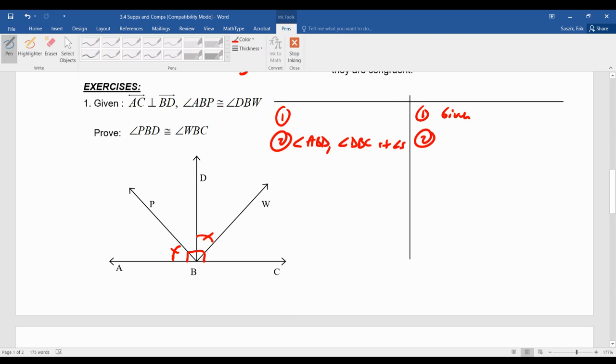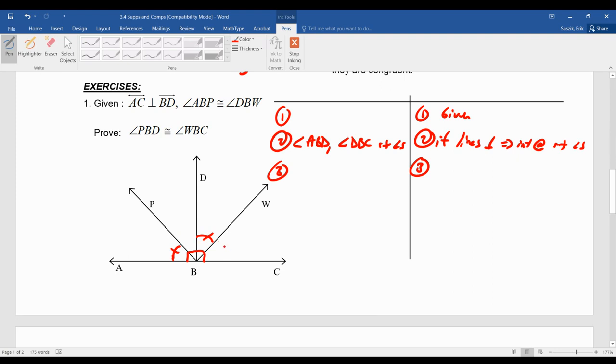And this is our gold sheet. This is number 10 on the gold sheet. If lines perpendicular then intersect at right angles. Again, I think that makes sense. You just got to get comfortable with the wording. And now we have to prove that this unmarked angle is congruent to that.